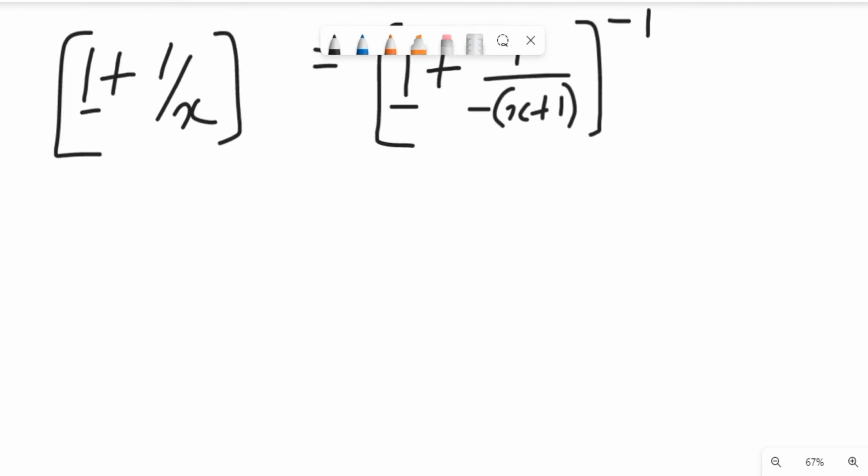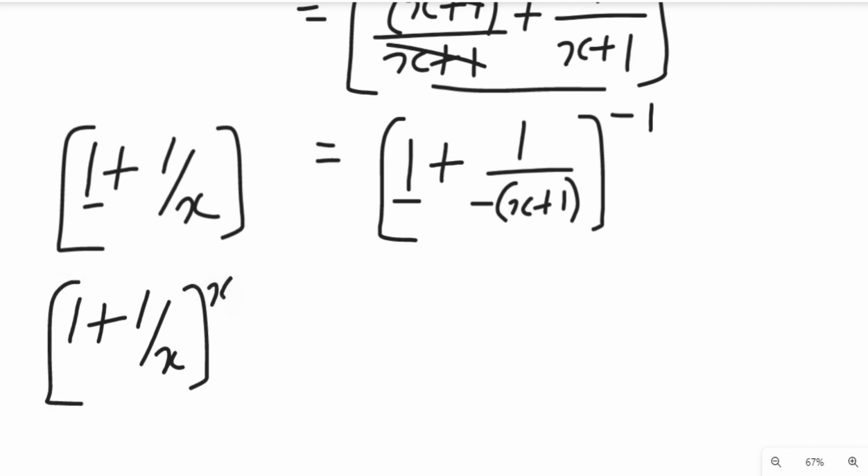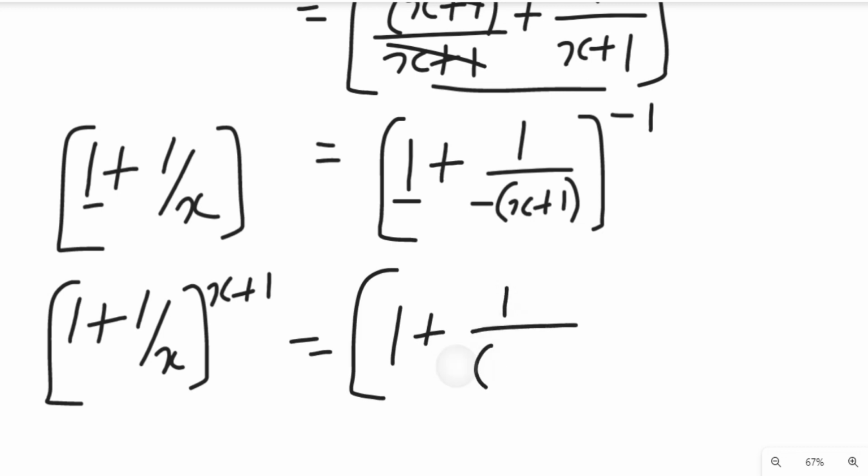If we bring that power into this expression, we are now going to have this expression become 1 plus 1 divided by x, remember, all raised to power x plus 1, and that will be equal to, this expression will now become 1 plus 1 divided by minus x plus 1, the negative x plus 1, all to the power of negative x plus 1.